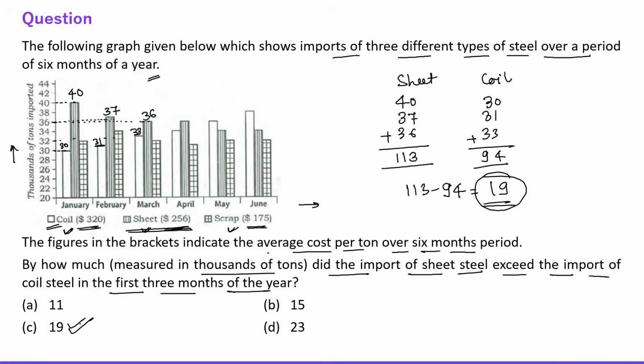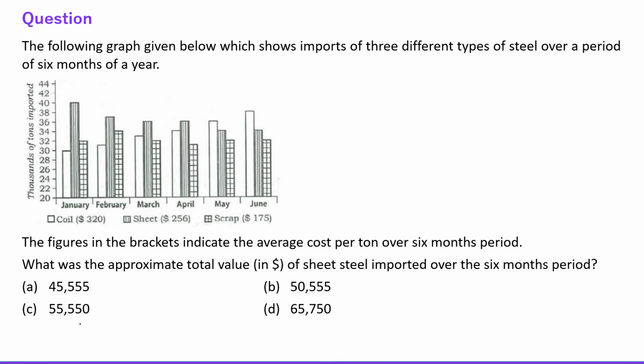Let's talk about the next question, which is based on the similar DI. The next question is the following graph. The figure in the bracket indicates the average cost per ton over a 6 months period. Okay, this we have already done. Now come to the question.